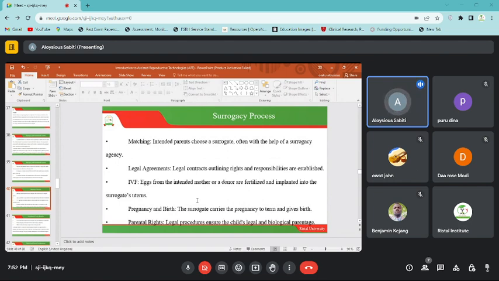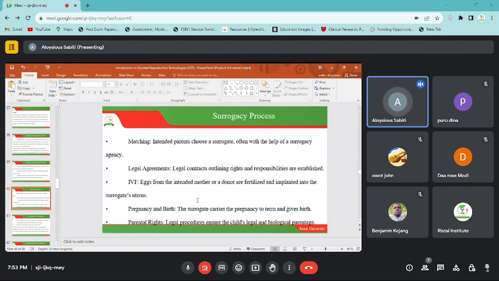They need an agent who can talk to that particular surrogate who could help them conceive a child. However, there is also a step where there is a legal agreement, and the legal contract outlines the rights and the responsibilities of the two parties.